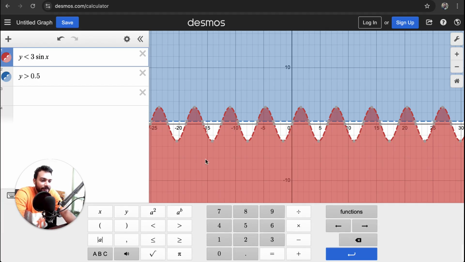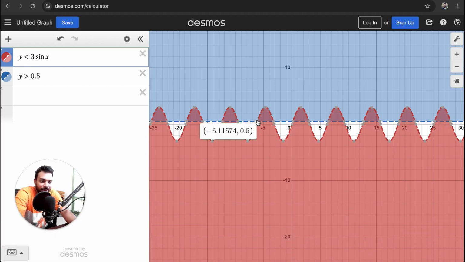Now it becomes an apt inequality, and there's a pattern. It won't be satisfied for all x's. So 0.16 to 2.97, 6.45 to 9.25, 12.73 to 15.5, like this.